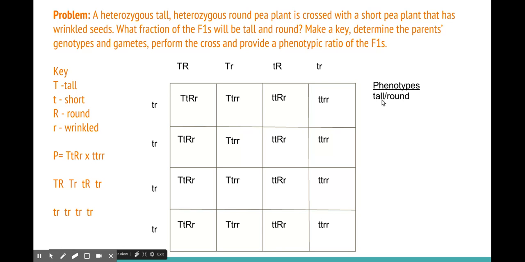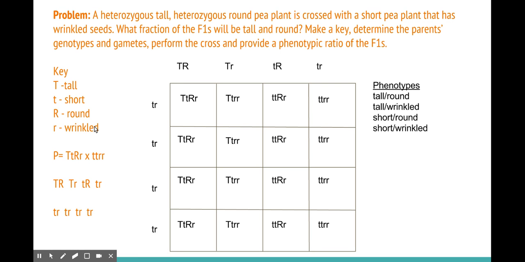One potential phenotype would be a tall, round offspring. Another potential phenotype, just because we've got this particular key here, we could have tall and wrinkled offspring. Looking at the other phenotype for height, we could have a short, round offspring. We could also have a short, wrinkled offspring.